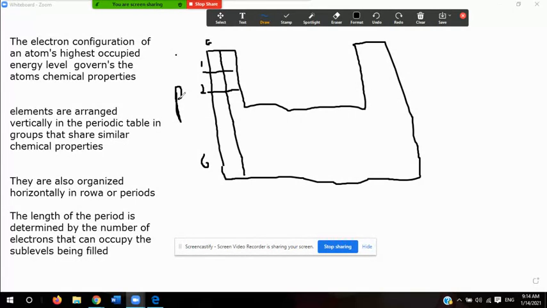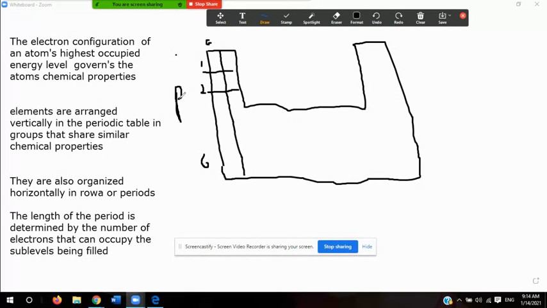For example, if we look at the second period of the table, period two would start with lithium and it would end with fluorine.